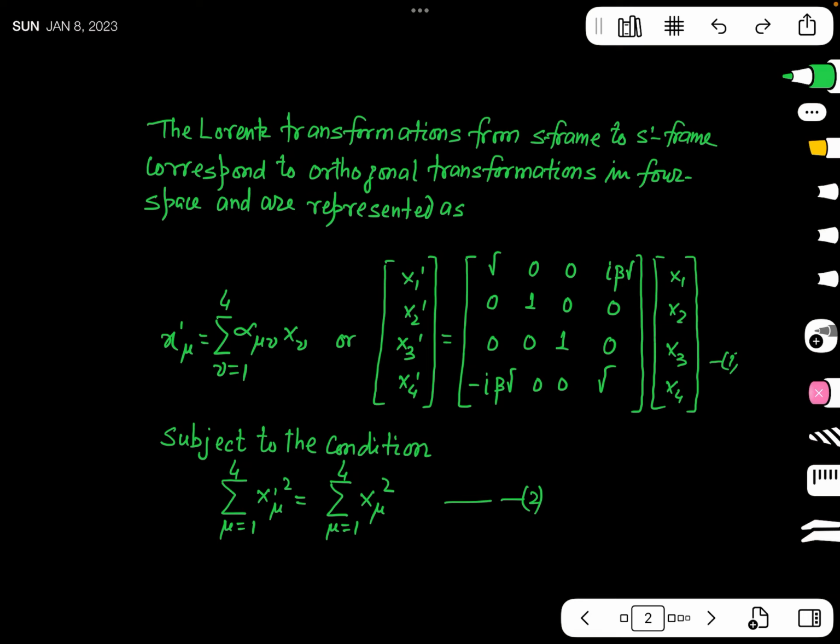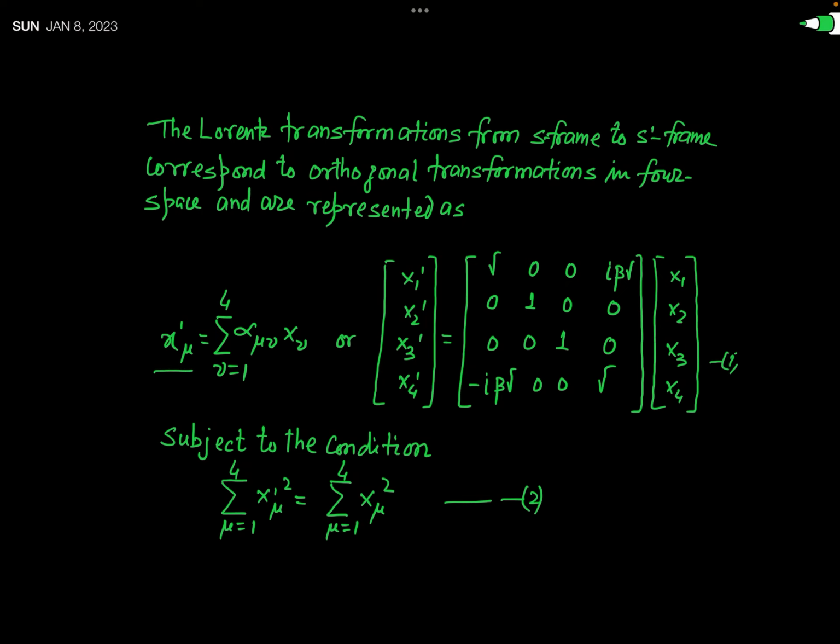You know that if we denote the components of the four position vector in prime frame by the symbol x prime mu, then this x prime mu you have learnt is given as summation over nu from 1 to 4 alpha mu nu times x nu. Okay, and in matrix form you can write this equation like this.